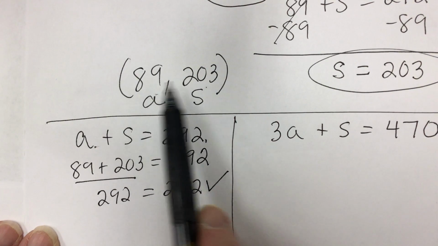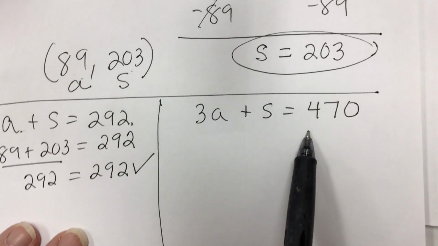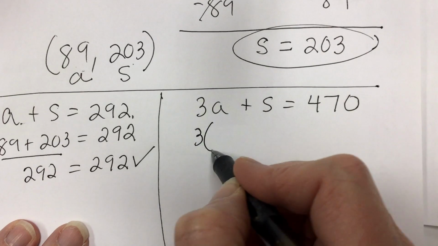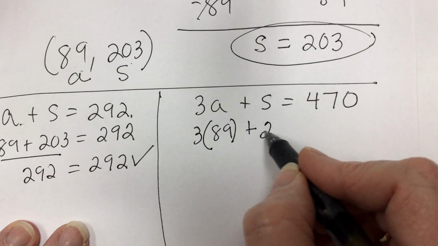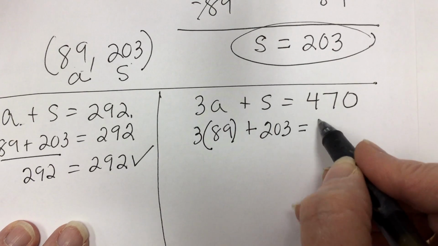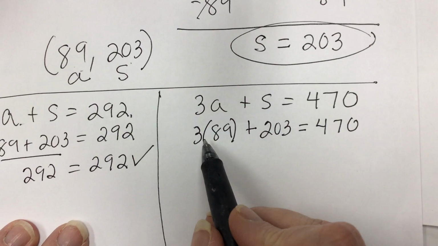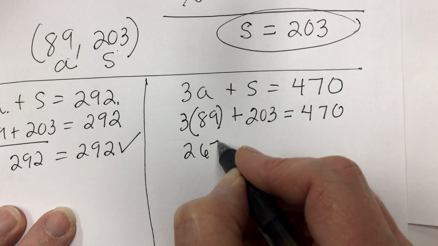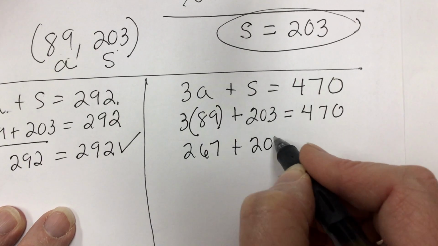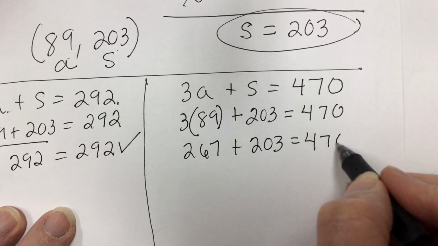So let's see if this answer also satisfies the other equation. This is 3 times A. A is 89, plus S is 203. Does that equal 470? Well, when you multiply in your calculator 3 times 89, you get 267, plus 203. When you add those two together, you do get 470.